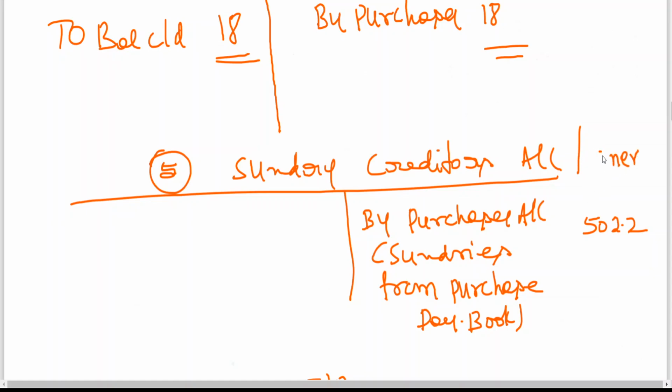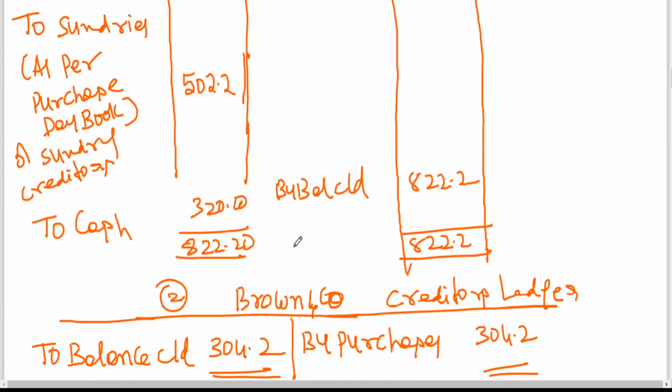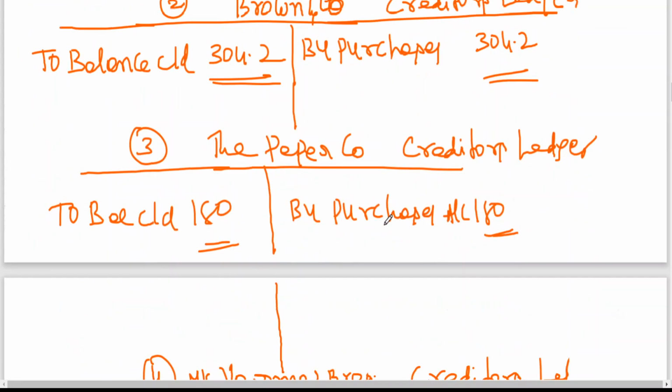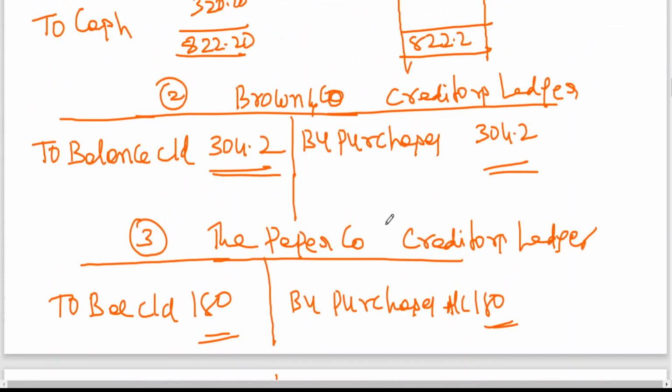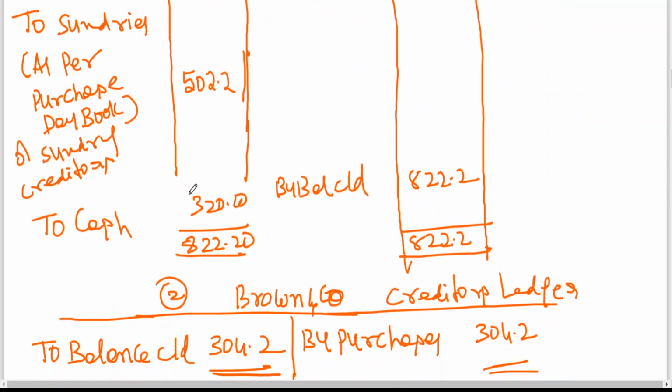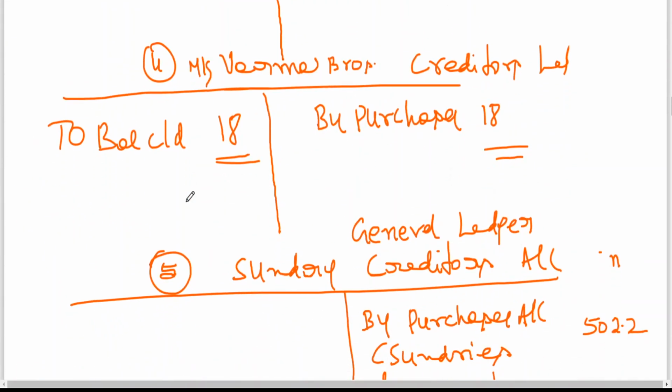The name of the ledger where creditors account is opened, tell me. General ledger. The name of the ledger where individual suppliers' accounts are opened is called Creditors ledger. Now trial balance will be prepared on the basis of general ledger, but not on the basis of Creditors ledger.